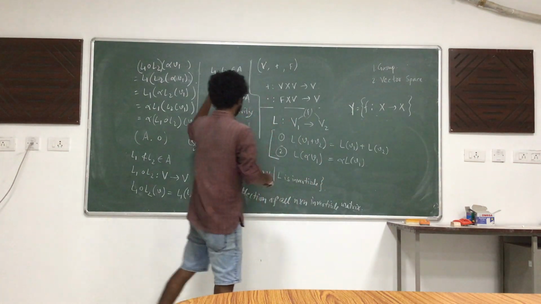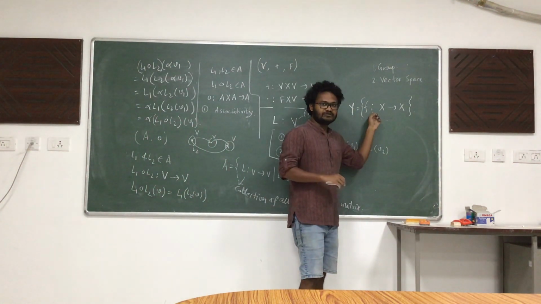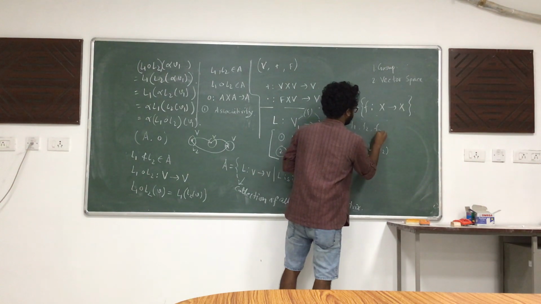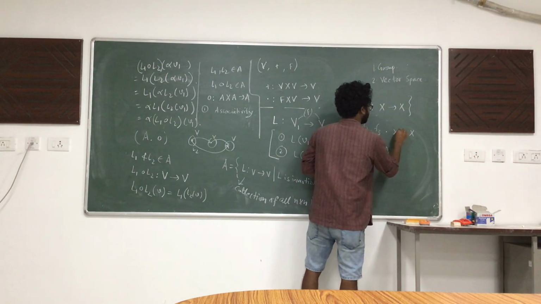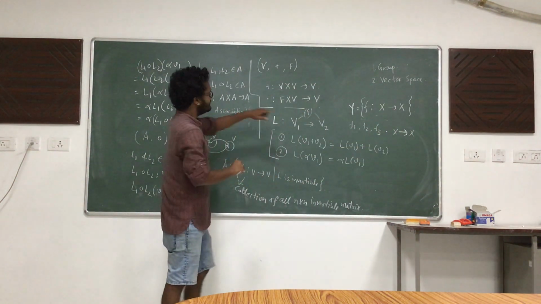That is of course a binary operation, and this is actually associative under composition. So if we take f1, f2, f3, which are all functions from x to x, then under the binary operation of composition they are associative.